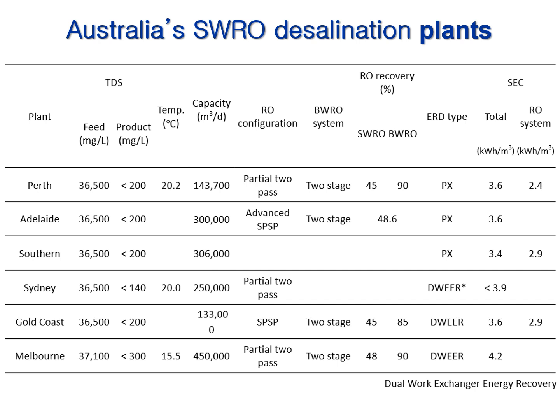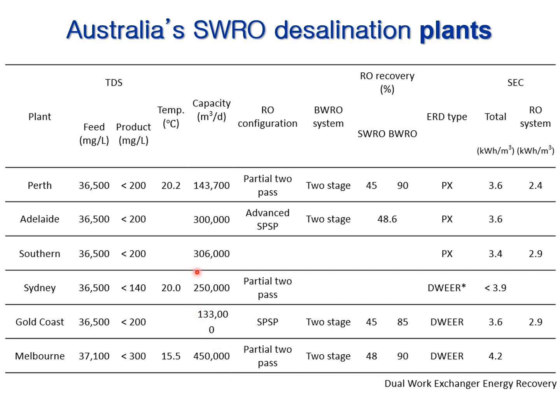So let me summarize Australia's SWRO desalination plants. We have 6 desalination plants. Mostly the feed salinity is around 36,000 milligram per liter, and the product water quality is less than 200 milligram per liter. Temperature averages 15 to 20 degrees, and for capacity, the Melbourne desalination plant is the highest at 450,000 cubic meter per day.